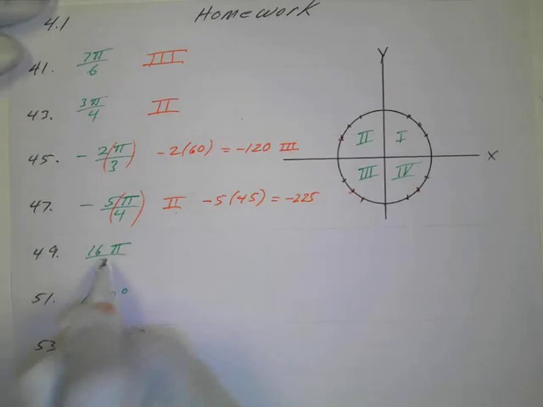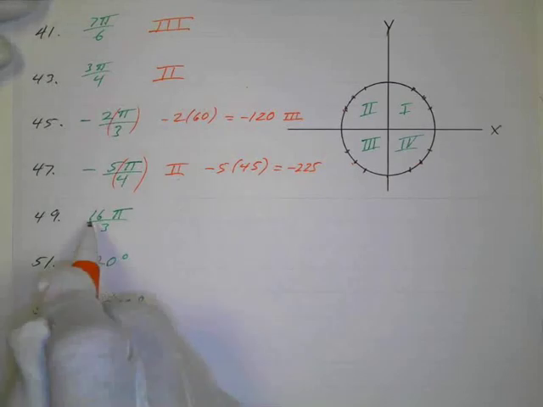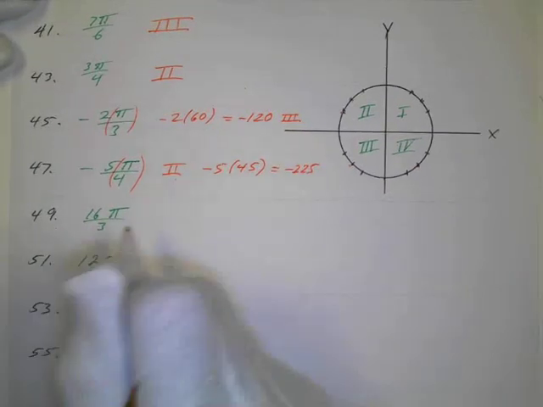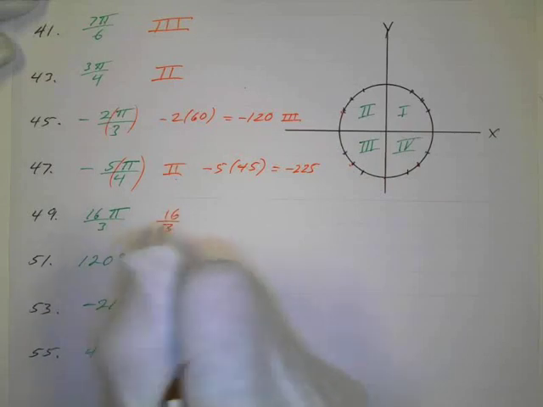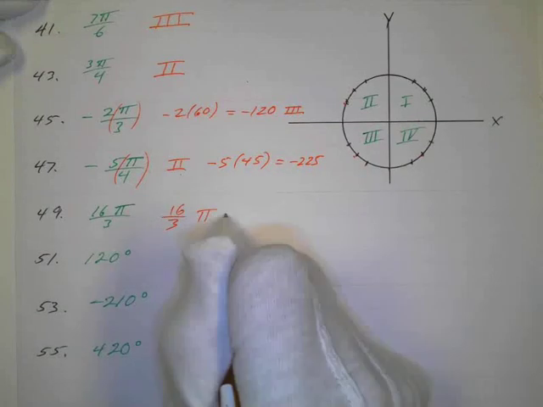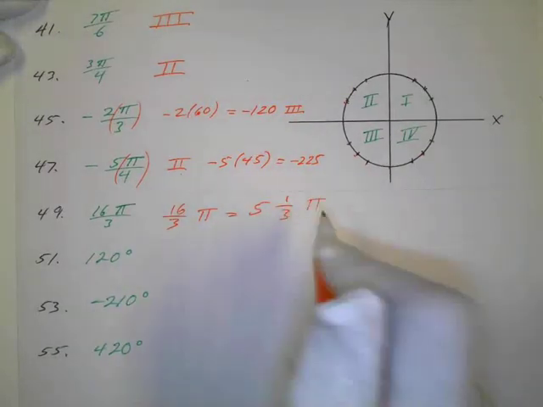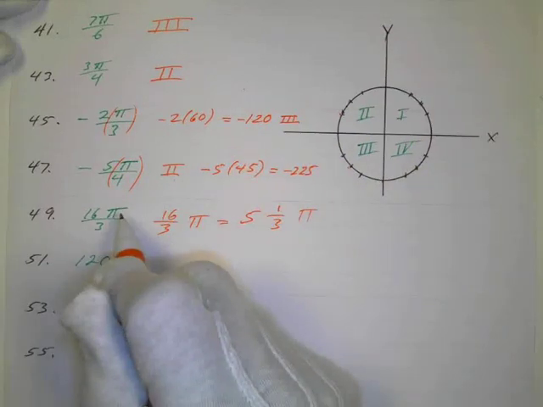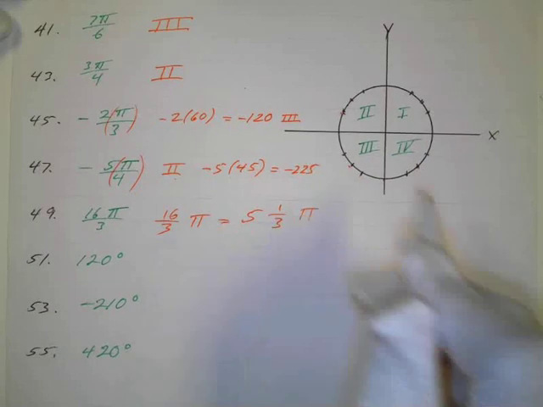Now this one, we didn't go over, I kind of avoided this by just having you put it in degrees, but there's a little bit easier way we could do this. In other words, I could just think of this as 16 over 3 times pi. Now 3 goes into 16 5 and a third times, so that's the same thing as 5 and 1/3 pi. Now remember, all the way around the circle, now this is going in the positive direction, all the way around the circle is how many radians?